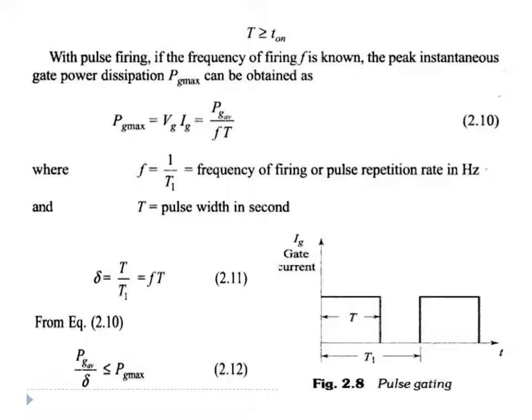With pulse firing, if the frequency of firing F is known, the peak instantaneous gate power dissipation Pg max can be obtained by Pg max equal to Vg Ig, which is equal to Pg average divided by FT, where F equals 1 by T1, the frequency of firing or the pulse repetition rate in hertz, and T is the pulse width in seconds.